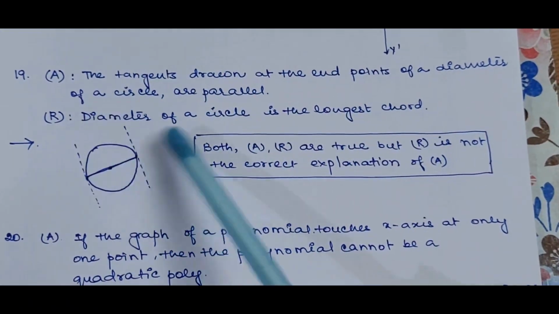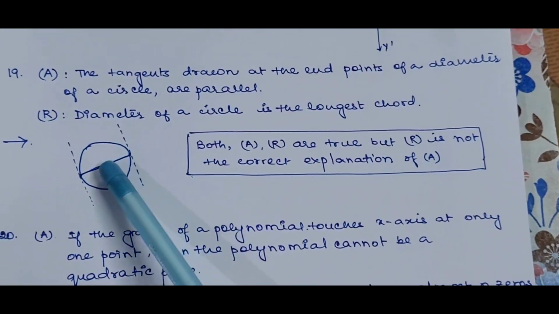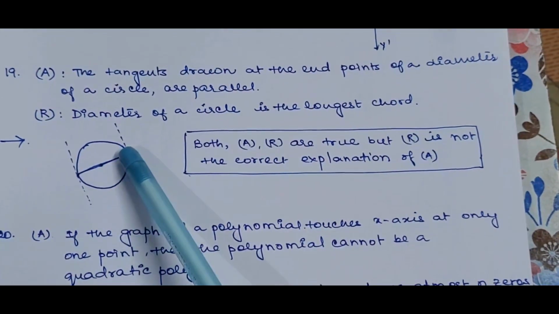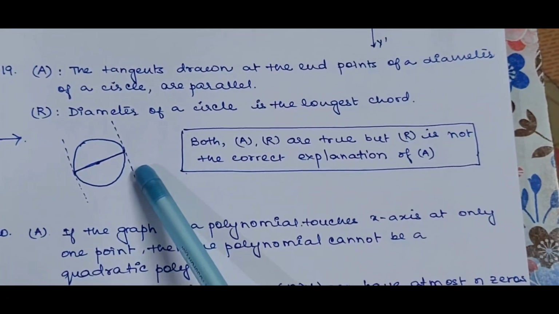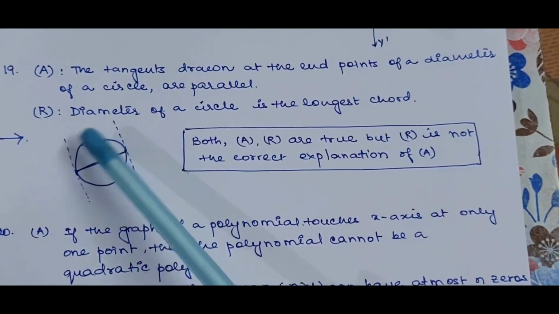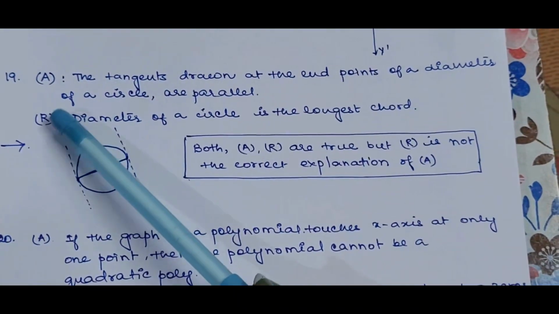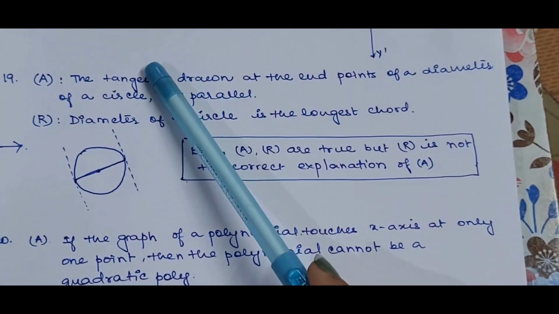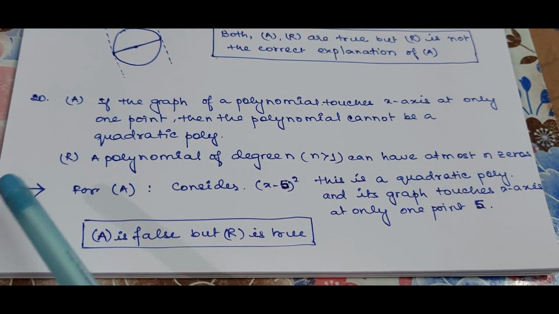And also the assertion, the tangents drawn at the end points. Now this is a circle with this as a center and this is the diameter. And the tangents drawn at the ends of the diameter are actually parallel. So A is true and R is true. But is R the right reason for A? No.